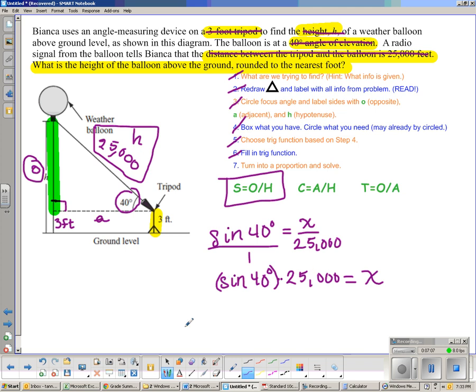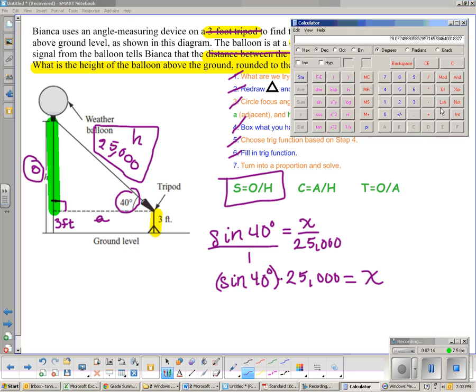Here, we're just going to go ahead and find out what the sine of 40 is, and then we're going to multiply that by 25,000. So grabbing the handy dandy calculator again. Let me go ahead and clear this.